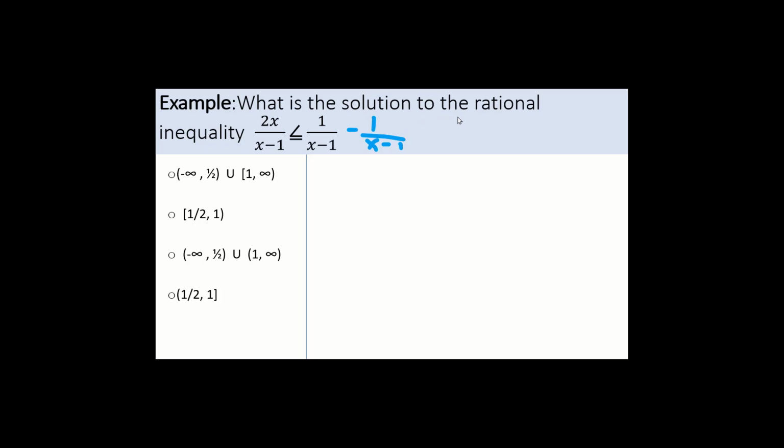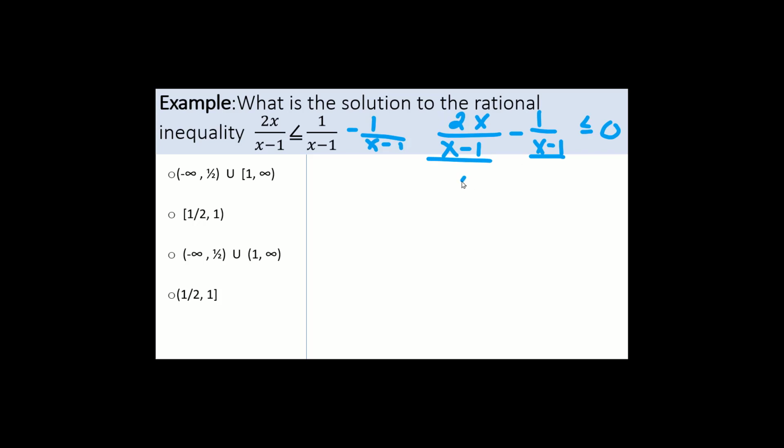So on the left you've got 2x over x minus 1, and then we need to remember to subtract that from the left, 1 over x minus 1 less than or equal to 0. Because we have the same denominator, we can combine the numerators.